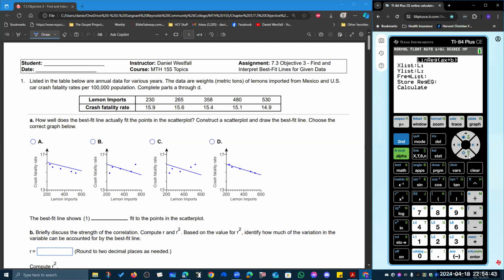Our data is in L1 and L2. Let's go ahead and go to vars, y vars, function y1 for where we're going to store our regression equation.